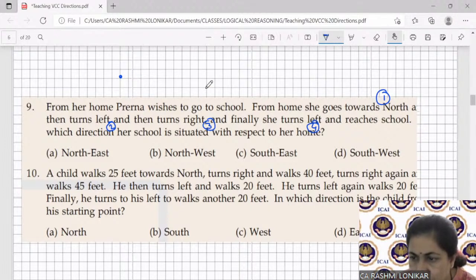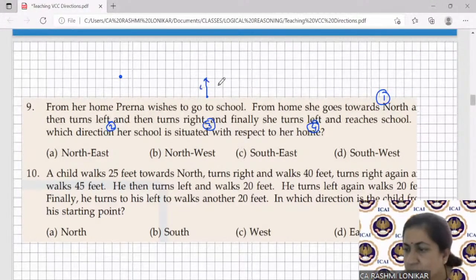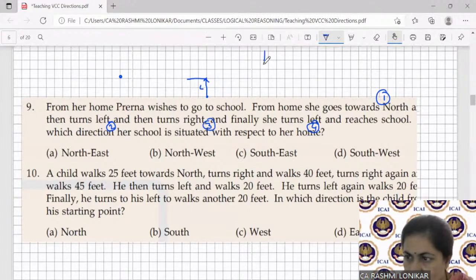So suppose Prerna is standing over here, from home she moves towards the north. So she's moving here. This is her left. Then she turns left. So she's turning here. This is my north direction. I will just show it here: north, south, east, and west.